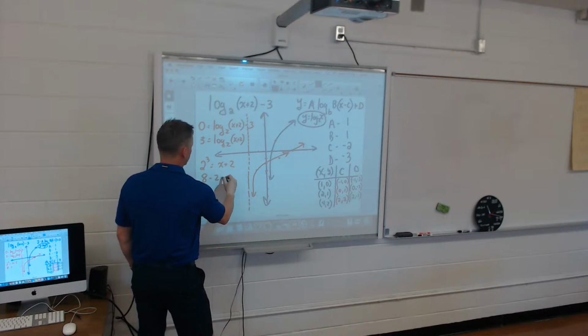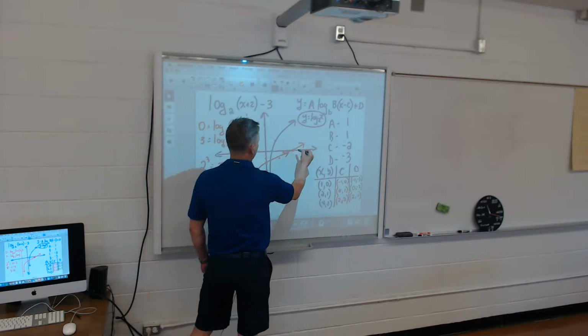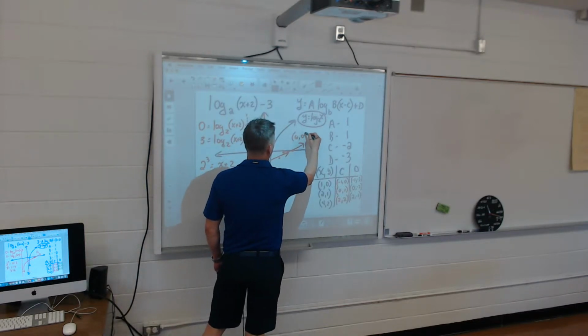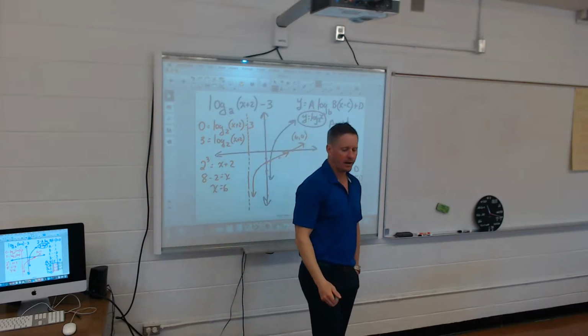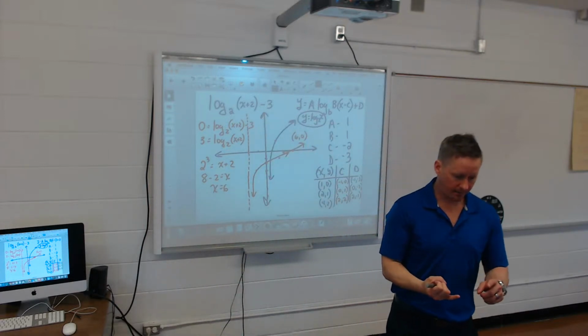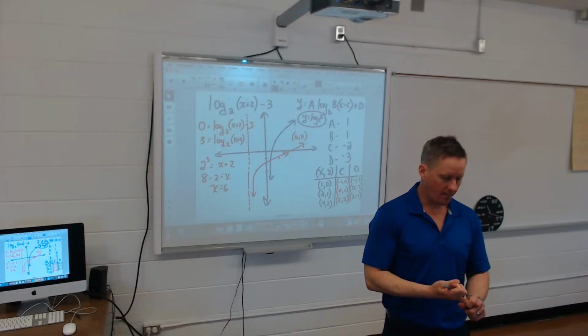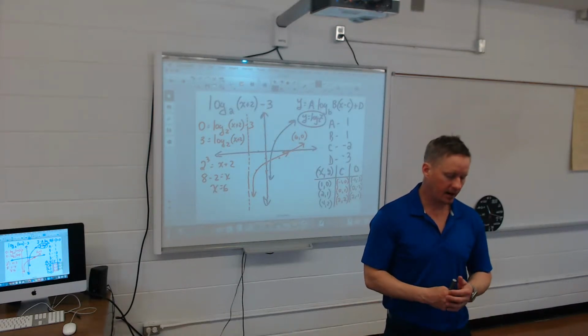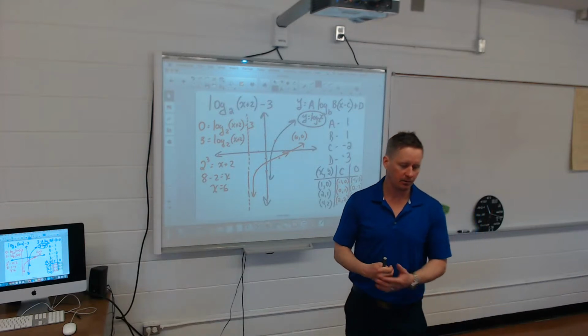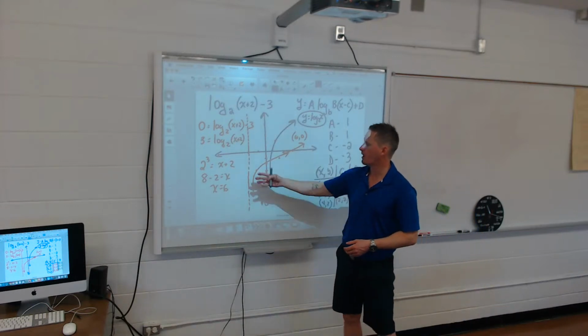Then I subtract the 2, so x is equal to 6. So this coordinate right here is (6, 0). Basically what I want is my asymptote drawn in properly, my (1, 0) coordinate drawn in correctly, and those two intercepts in there as close as possible, and actually solving for them.